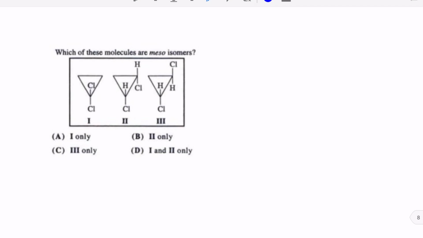are Meso-Isomers. For the first compound, we have a cyclopropane ring, and one of the carbons has 2 Cl atoms attached, 2 chlorine atoms attached to it. We can tell right away that it's not a stereocenter because it has 2 identical groups, which are in this case the chlorine atoms.